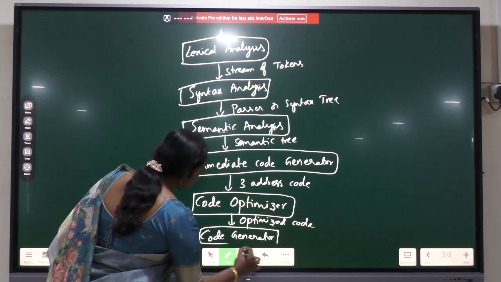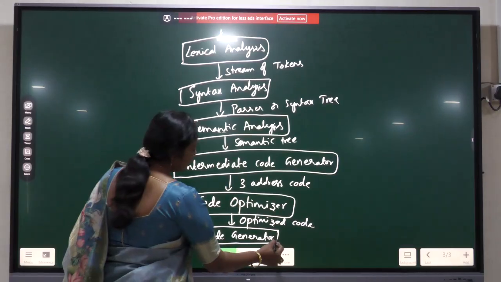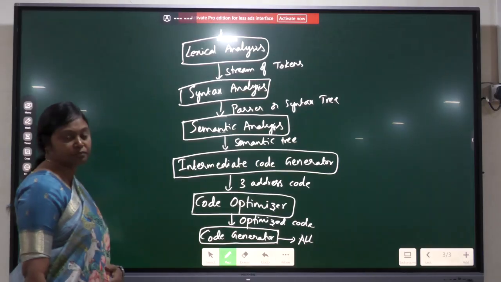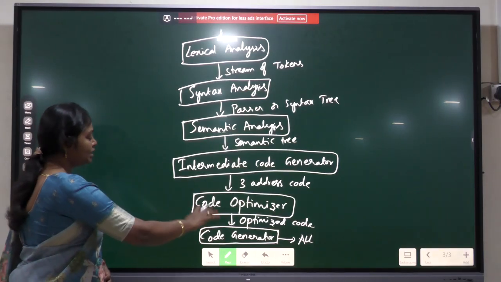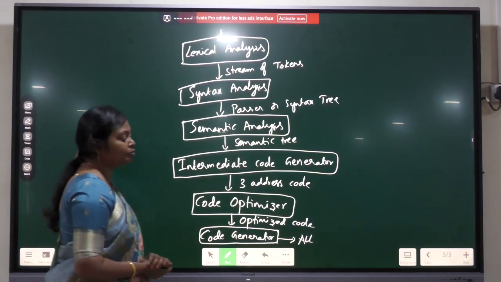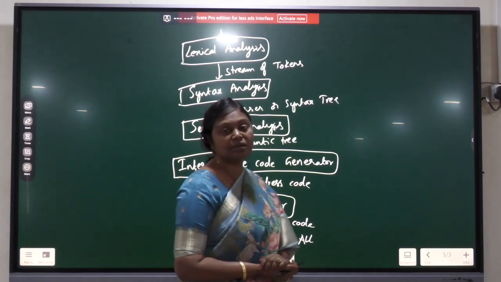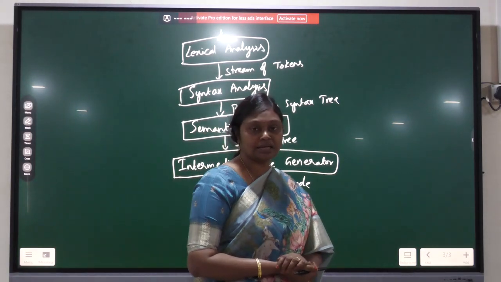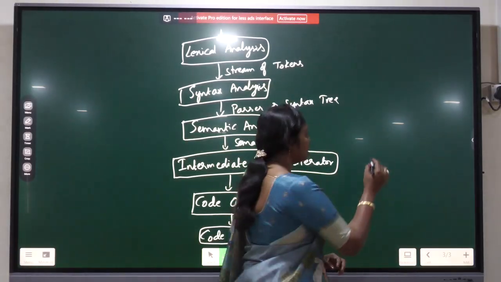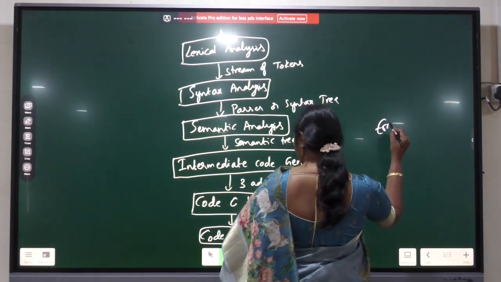The code generator will convert this optimized code into assembly level programming language. So these are the main 6 phases of the compiler. When you executed C programs, you got so many errors, right? After compilation, if you have any errors, it displayed those errors. So, the error handler.